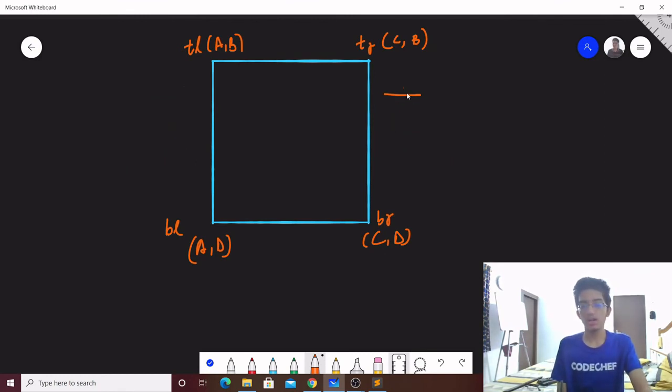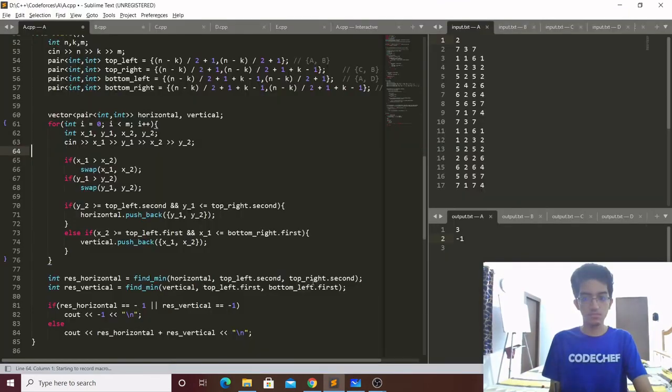Now, same for the vertical section. The arrows which are coming from this direction, the snakes which will be guarding the poison from these vertical arrows will be stored over here. Okay. So now that we understand what the horizontal and the vertical arrays are, now let's look at the rest of the code.